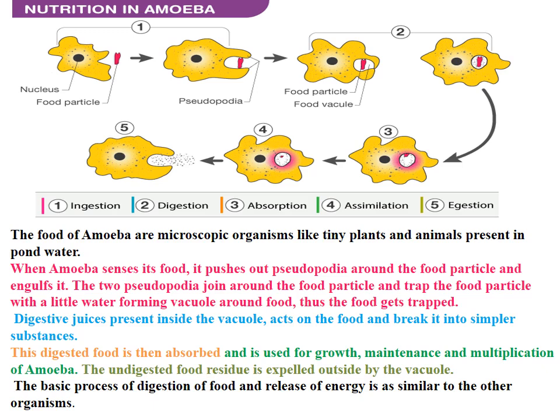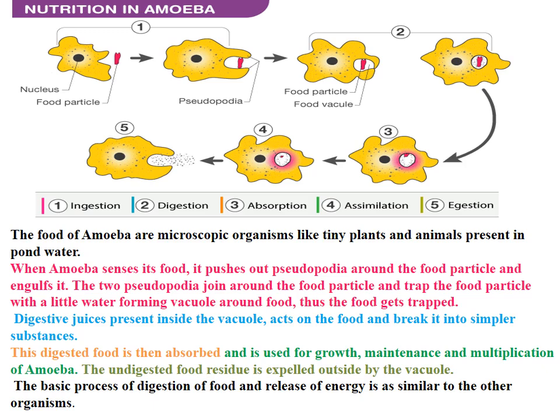The food of amoeba is microscopic organisms like tiny plants and animals present in pond water. As amoeba are found in pond water, they take these microscopic organisms like tiny plants and animals for their food. And when amoeba senses the food, it pushes out pseudopodia around the food particle.